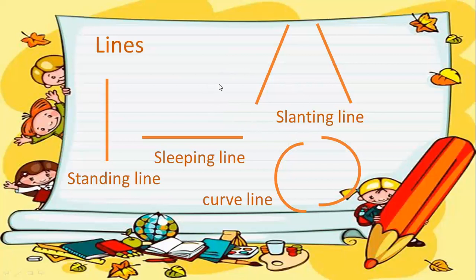So look at these lines, keep them in your mind and recognize them. This is standing line. This is sleeping line. This is slanting line. And this one is curved line.